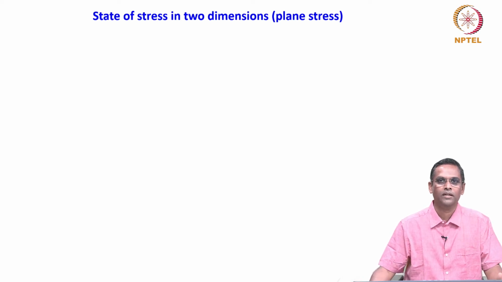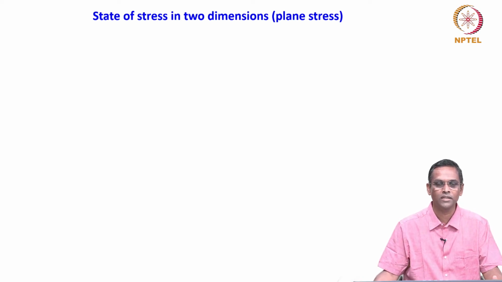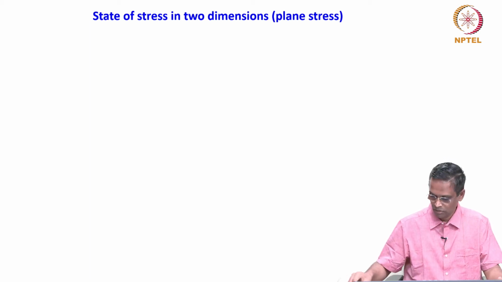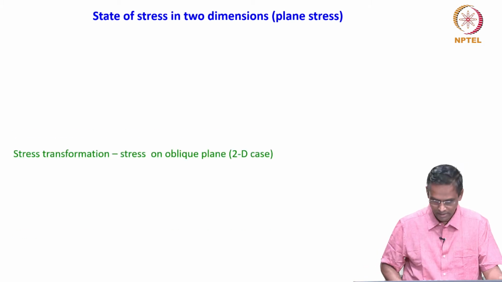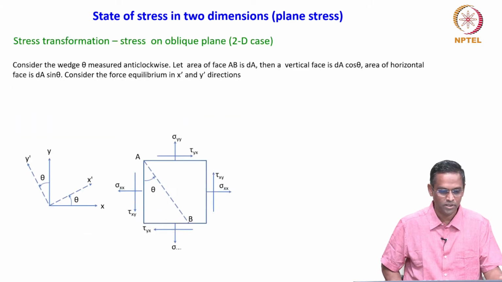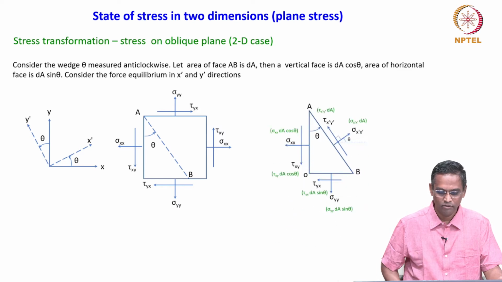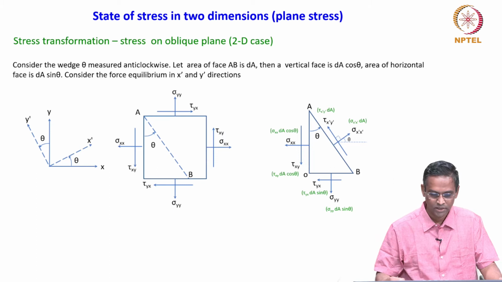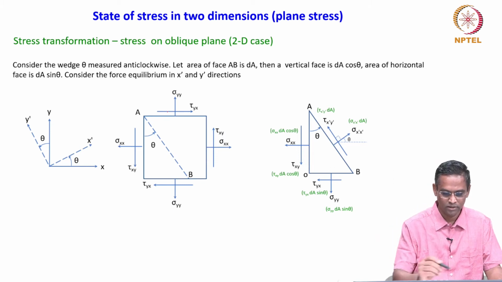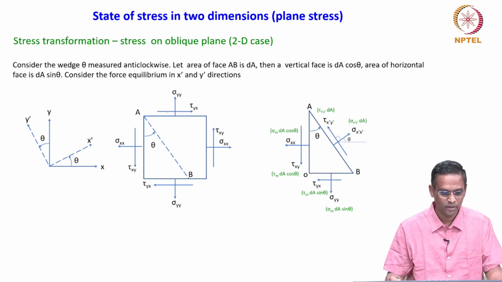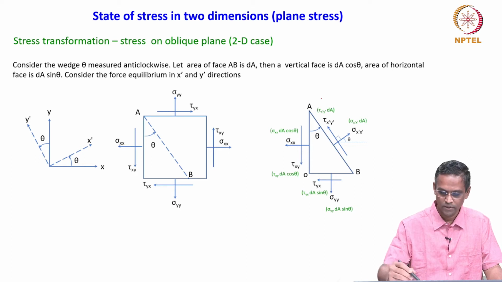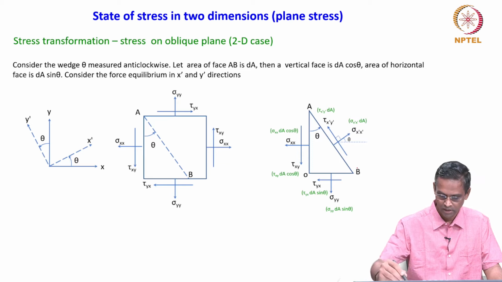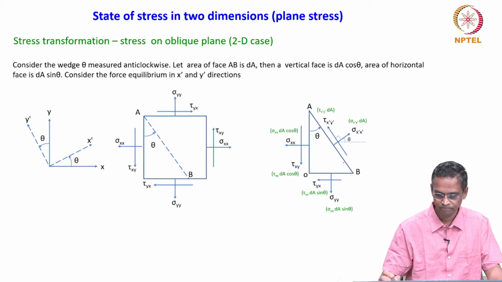I'll just quickly review what we have seen yesterday, and then we would like to continue further. We have taken this kind of geometry to describe this, and then we have taken a wedge out of this square member, and looked at the forces which are normal to this oblique plane.